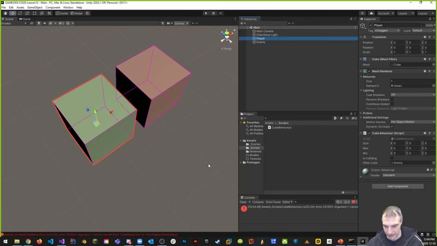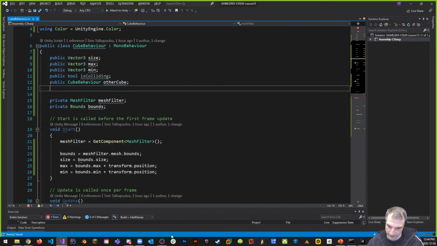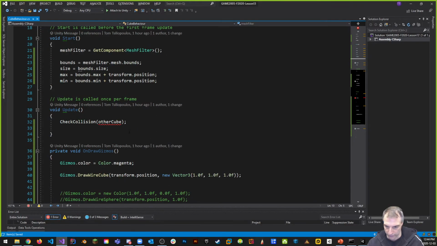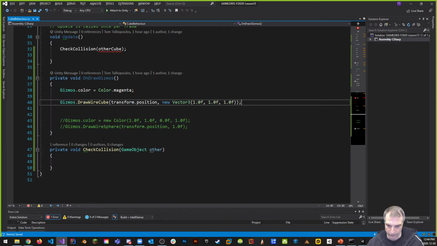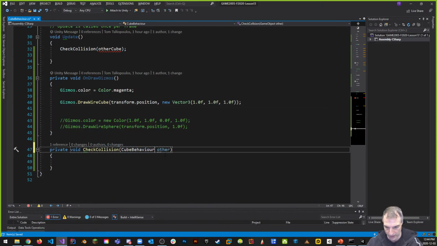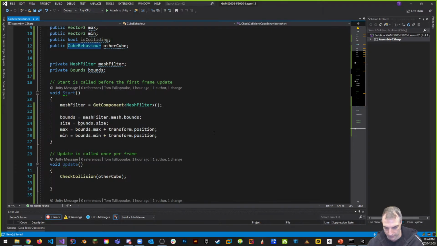It says I'm getting an error: argument 1 cannot convert from cube behavior to UnityEngine.GameObject. That's absolutely true, so this would be no good anymore. This would be cube behavior, another object of type cube behavior, which is what I really want.